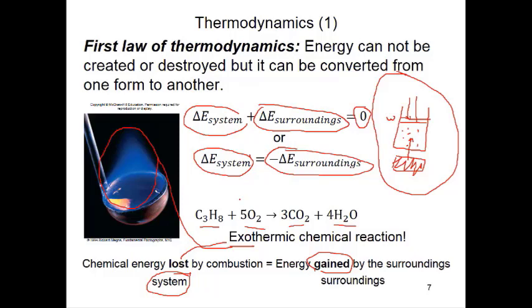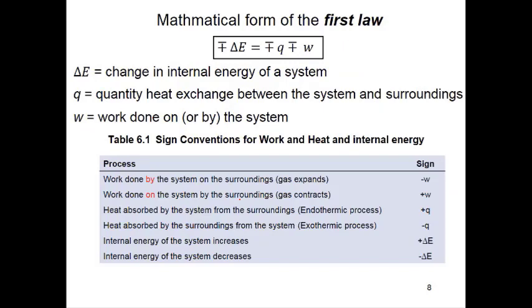So this is the first law of thermodynamics, and we have to learn the mathematical form of the first law. Delta E means internal energy, the internal energy of the system.